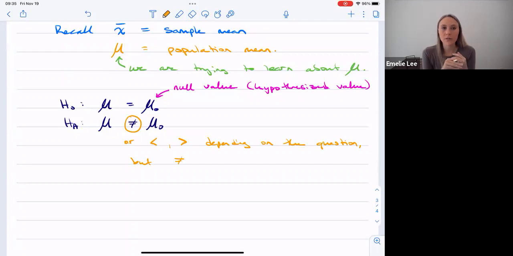If you don't want to bother with the less than, greater than, because it can get you into some trouble sometimes, because if you find something interesting on the other end, you actually can't talk about it, right? So if you state that mu is less than, let's do 10, and then I take a sample and I find a sample mean of 12, well, 12 is not less than 10, right?